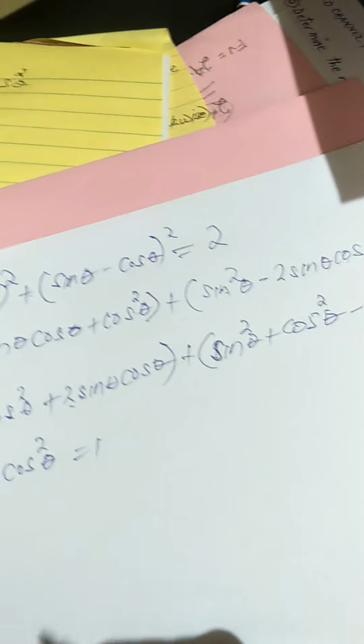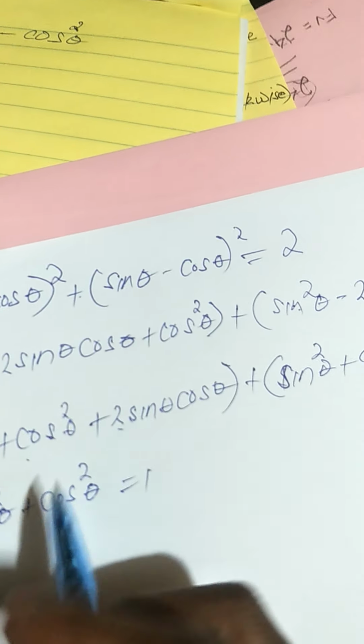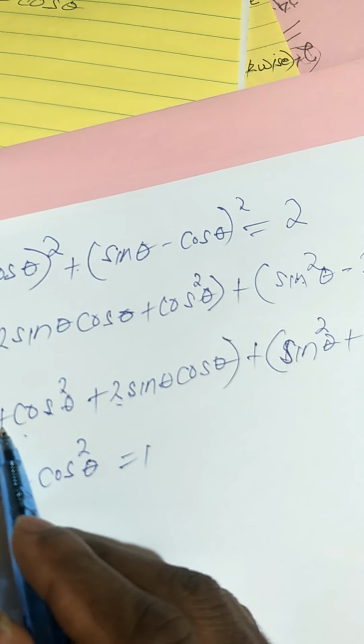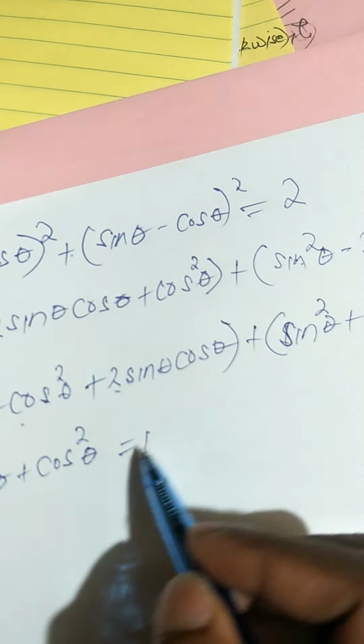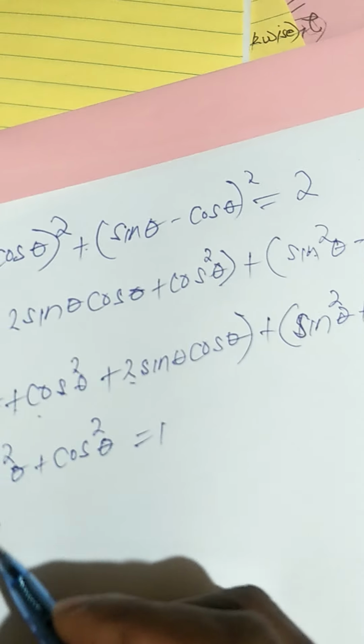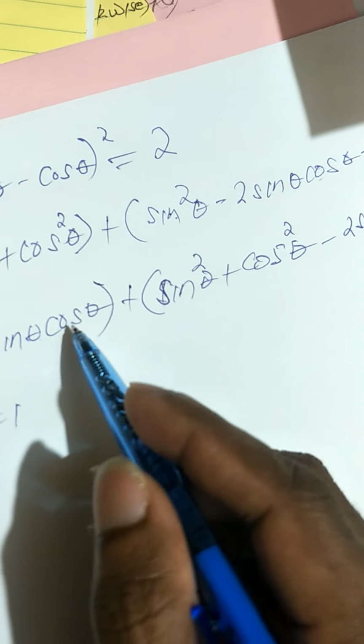So now I know that this one is equal to 1. So now I copy 1 plus 2 sin theta cosine theta.